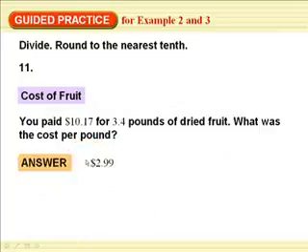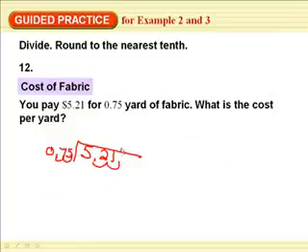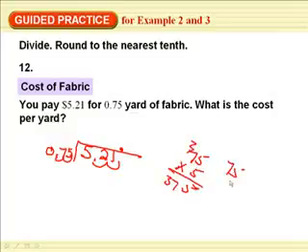There we go. You pay $5.21 for 75 hundredths yards of fabric. How much per yard? Over 2, and up. 75. 375. 75 times 7.